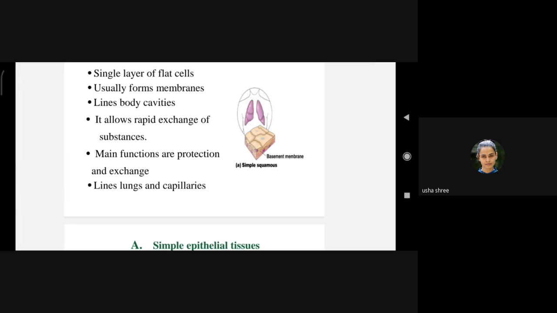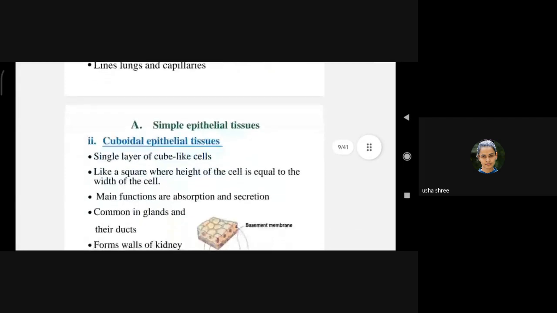So blood vessels are further divided into small, fine branches. These are capillaries. So in the lining of lungs and capillaries, we find this squamous epithelium tissue.